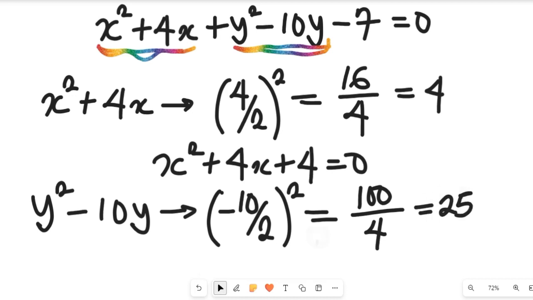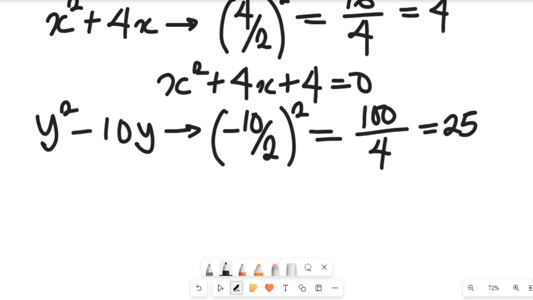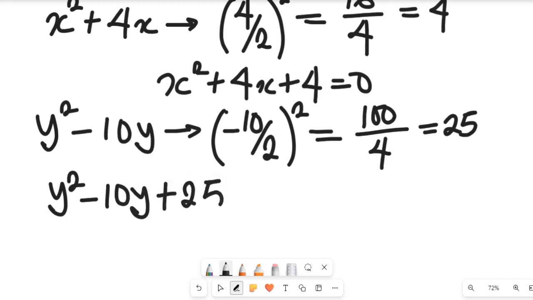So that expression will automatically give us a positive 25. That expression is going to automatically give us y squared minus 10y. To complete the square, we'll add 25.